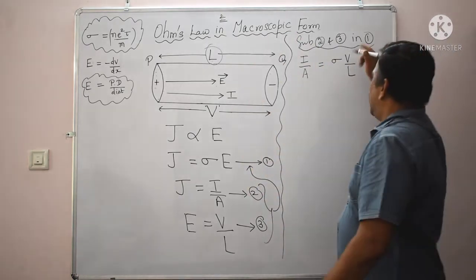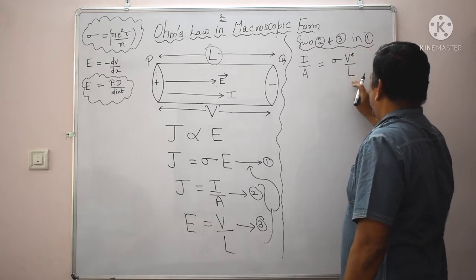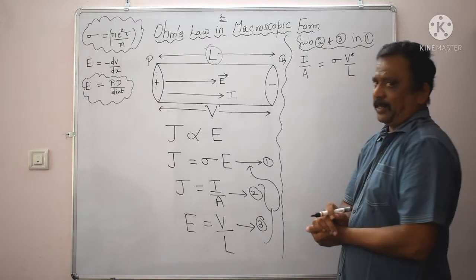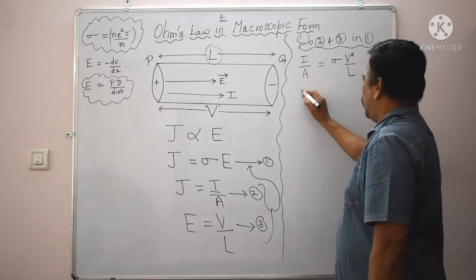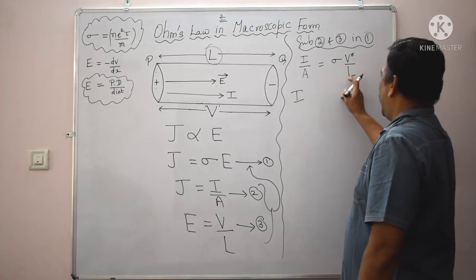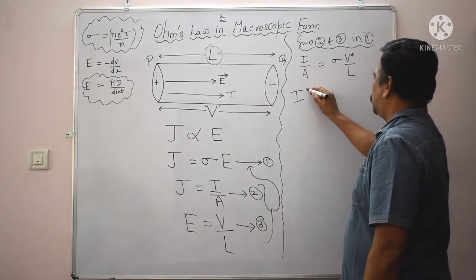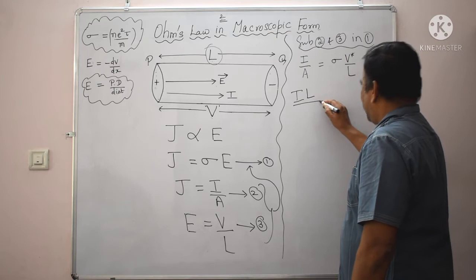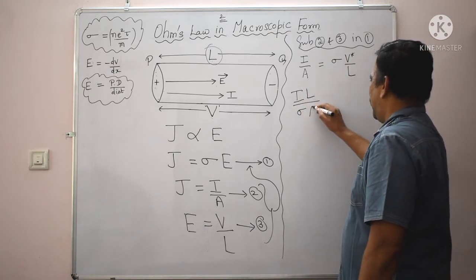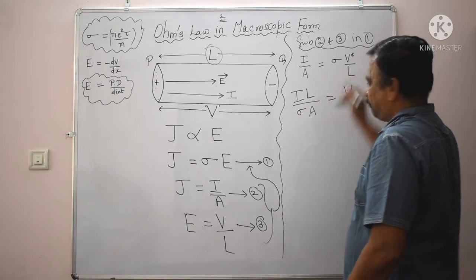Keeping V here as such, I will be taking sigma and L to the other side. On rearranging, I will end up with I times L, which goes to the numerator, divided by sigma, which goes to the denominator, so sigma A is equal to V.